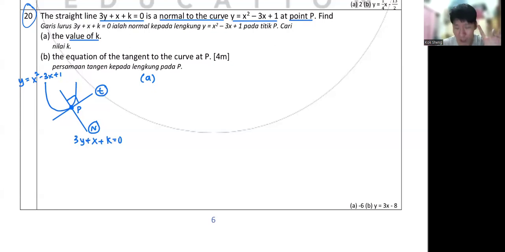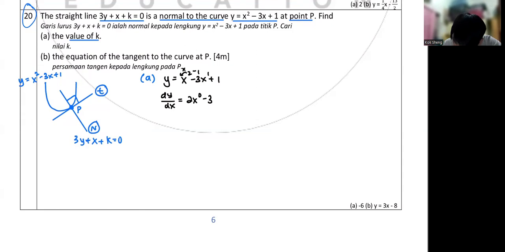Okay, slowly. We start from the curve first and do the differentiation. The power times to the front, minus 1. Next one, same. The power times to the front, minus 1.